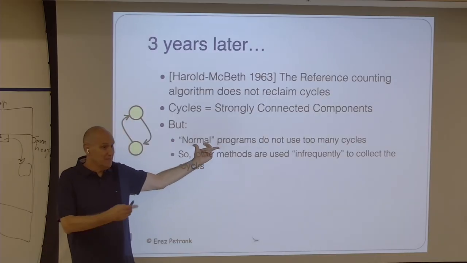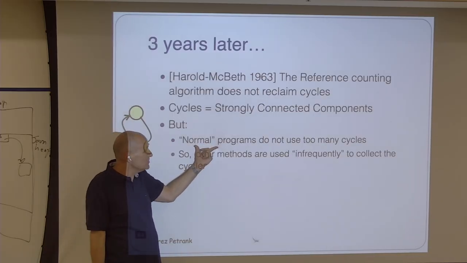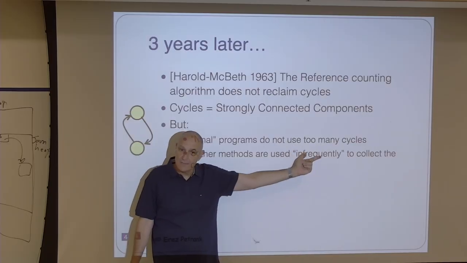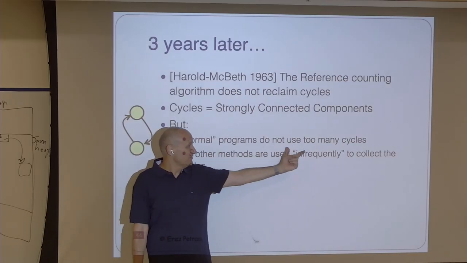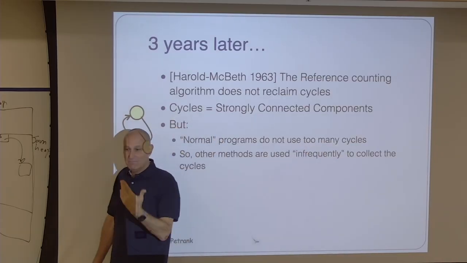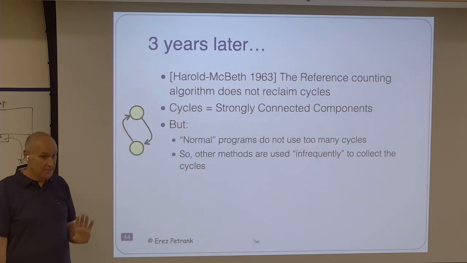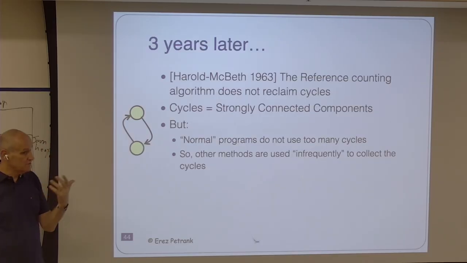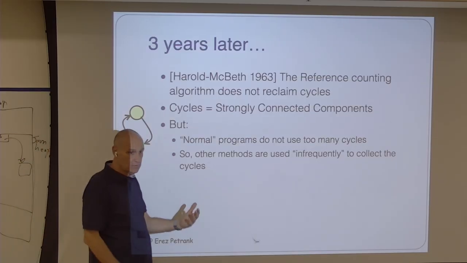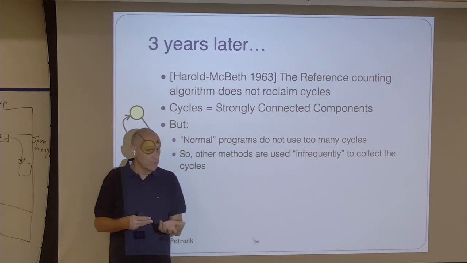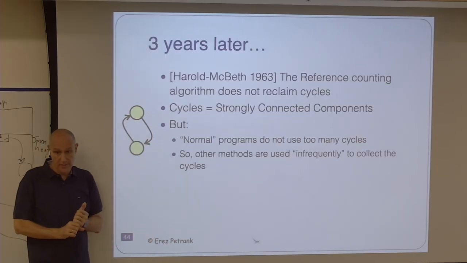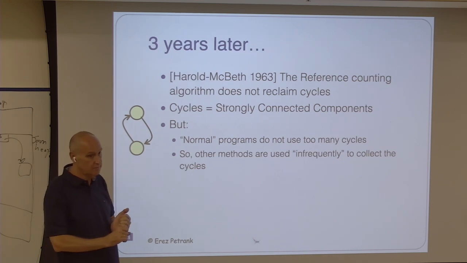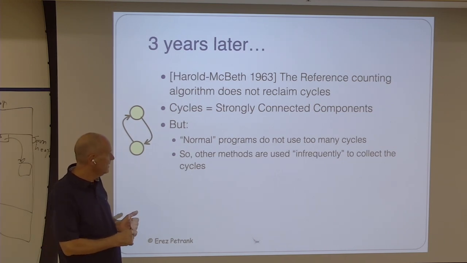normal programs, they said that most programs do not use too many cycles. As you see, this is very non-mathematical: normal, and too many. But it is still true today. If you look at the benchmarks today that are used to evaluate execution times, you will see that many times they don't create a lot of cycles or strongly connected components in the heap.